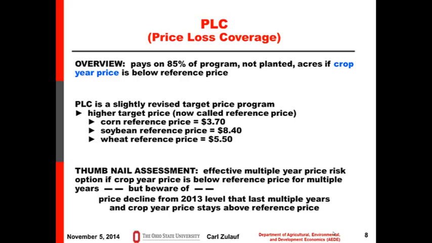If the crop year average price is below one of those prices, then a PLC payment would be made to that crop.